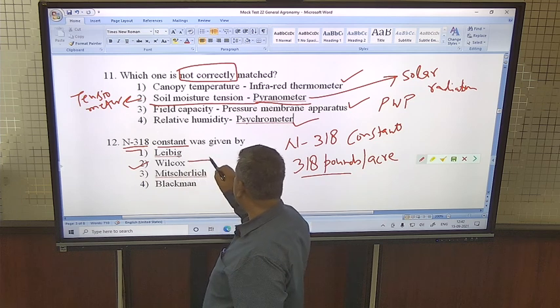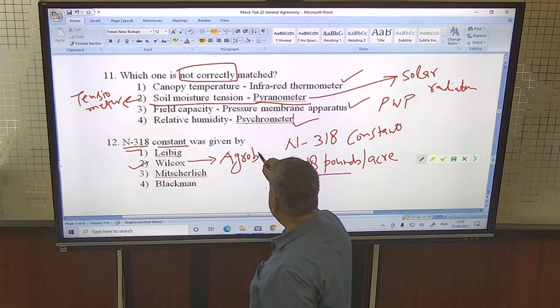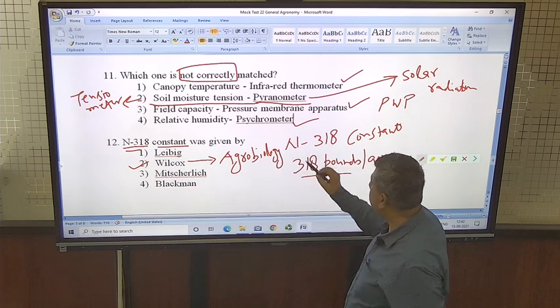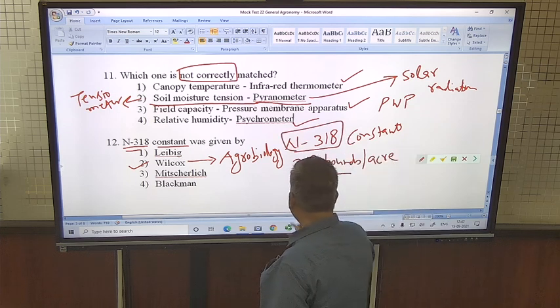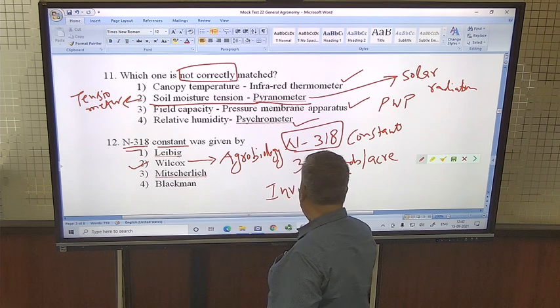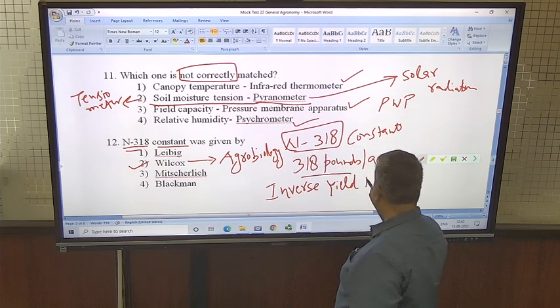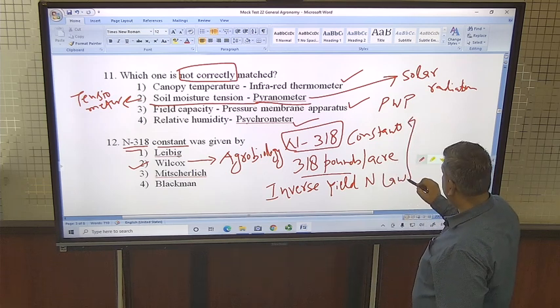Actually, Wilcox developed a new branch, agrobiology, and he gave the N318 concept and the inverse yield nitrogen law. These two laws are related with each other.